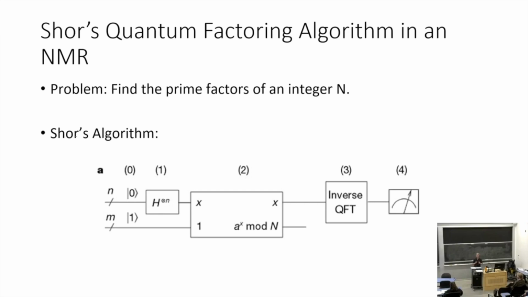Shor's algorithm works by using a quantum computer to quickly determine the period of a function f of x equals a to the x mod n. So what is this? This is the remainder of a to the x divided by n.